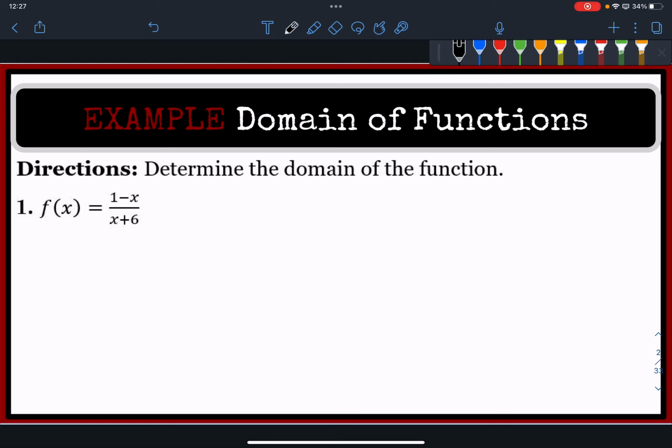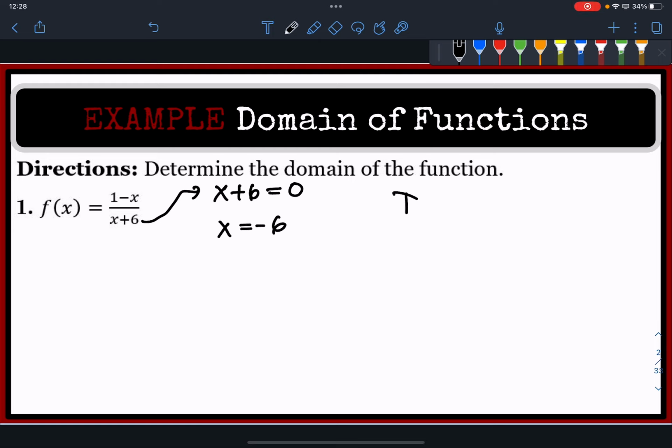So on these examples, we identify the domain by excluding any value of x that will make our denominator, which is x plus 6, equal to 0. So solving this equation, we find that x equals negative 6.